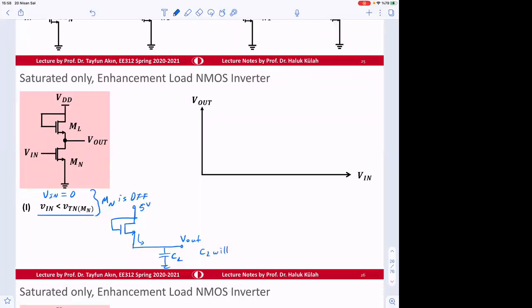CL will be charged up to the point where ICL becomes 0.